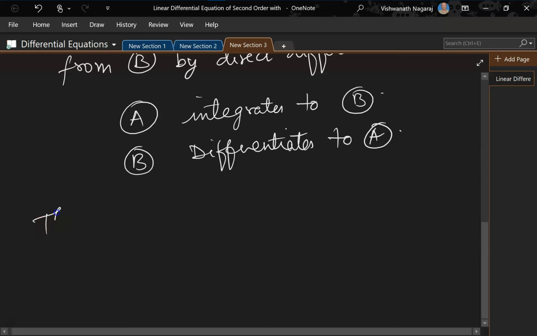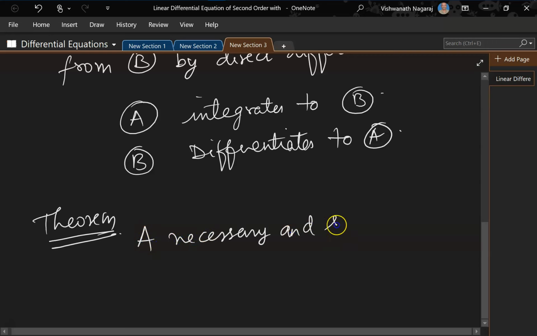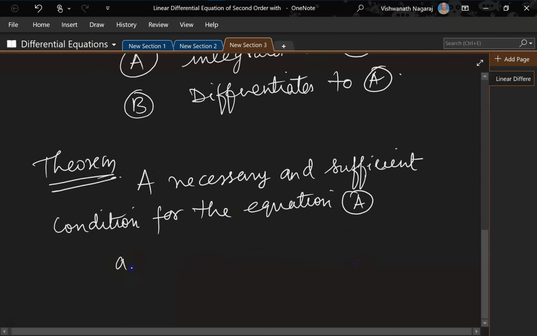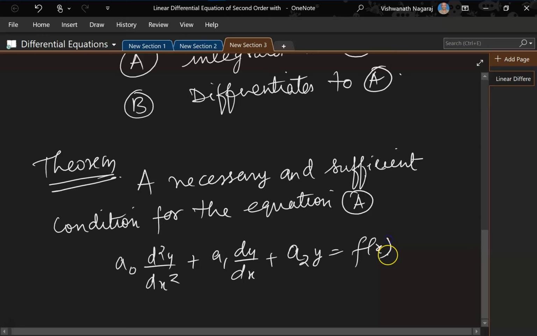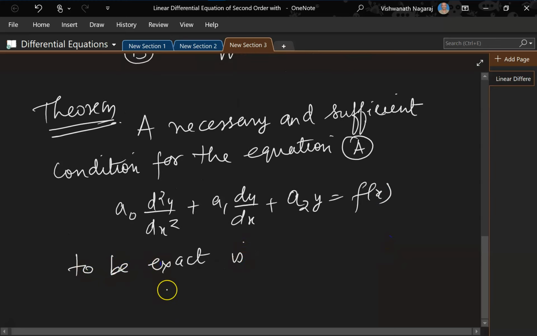Now, based on this, there is a theorem. The theorem states that a necessary and sufficient condition for the equation A, which is a0 d2y/dx² plus a1 dy/dx plus a2 y is equal to f(x), to be exact is d2a0/dx² minus da1/dx plus a2 is equal to 0.